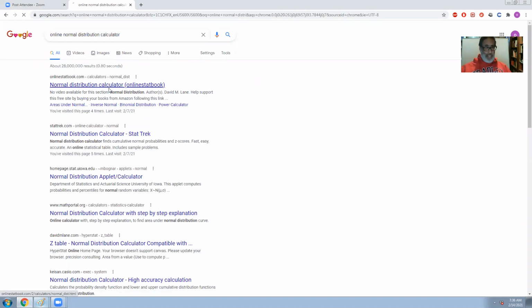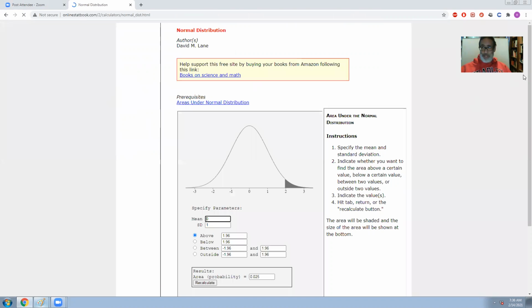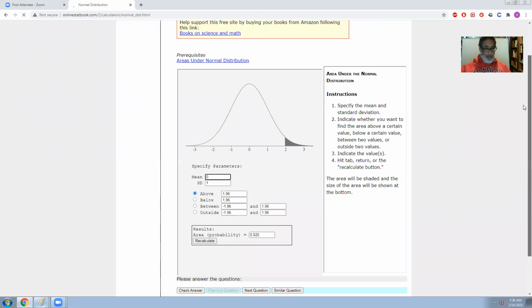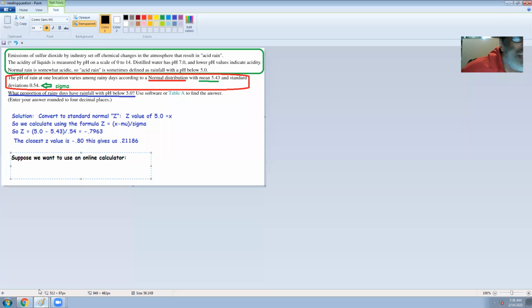So let's see what we got here. This is a good one. And it helps to have the thing here. So our mean is 5.43, and we have a 0.54 standard deviation. So we put those in.